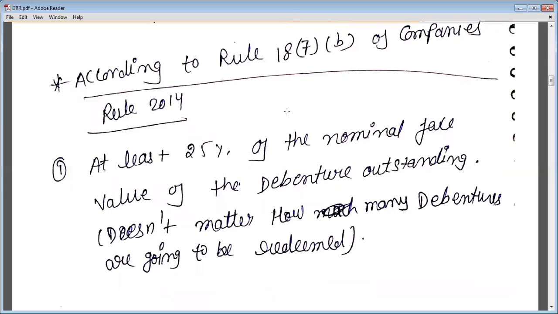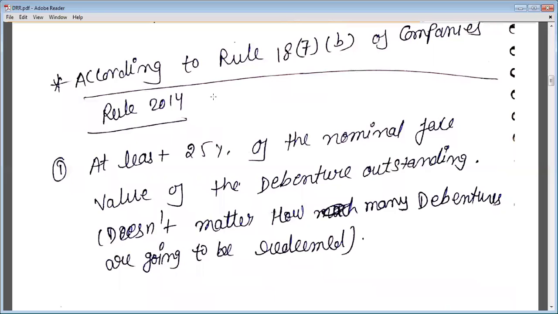So in DRR, at least 25% of nominal value of debenture outstanding must be transferred.